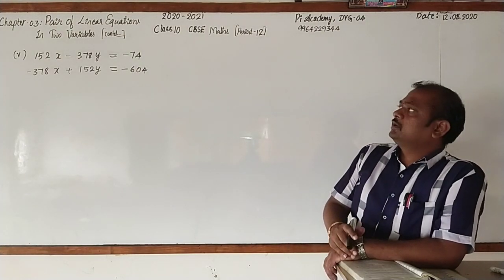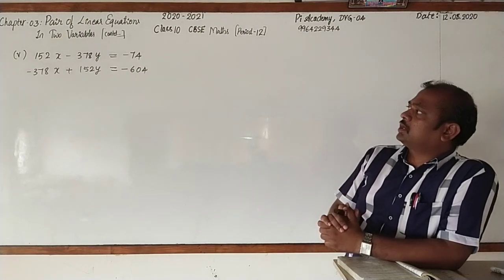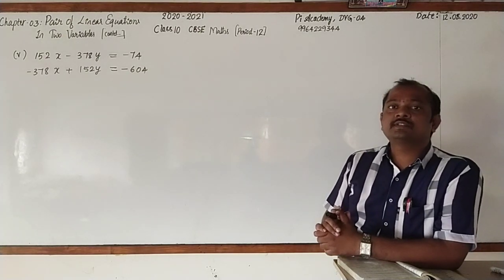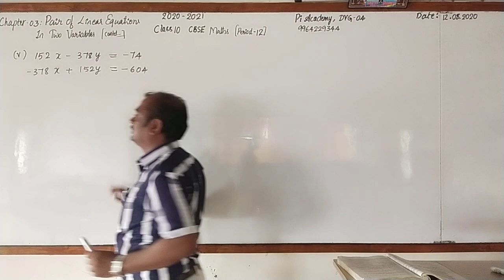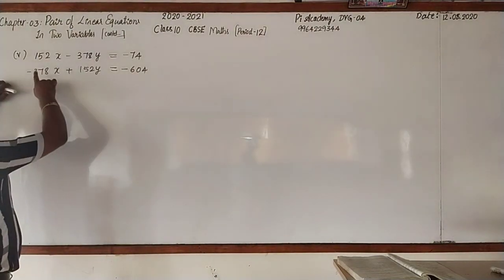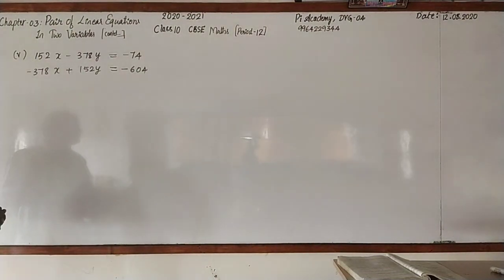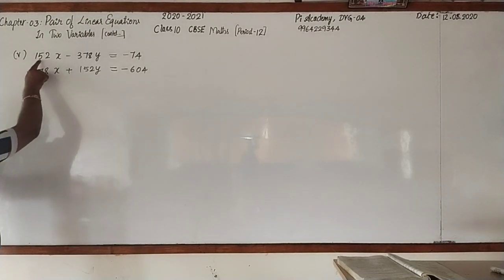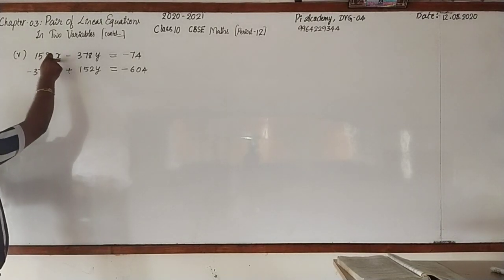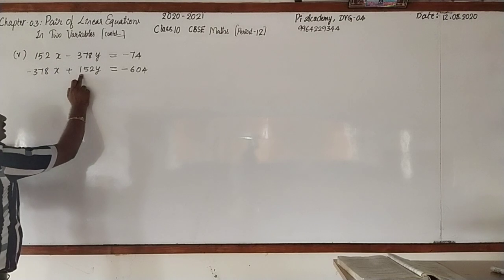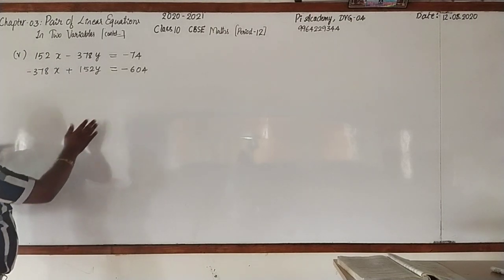Written? By observing the terms of these equations, what can you say? Yes, you are right. The coefficients are interchanged in both the equations. See that 152 is the coefficient of x, that is also the coefficient of y in the next equation.